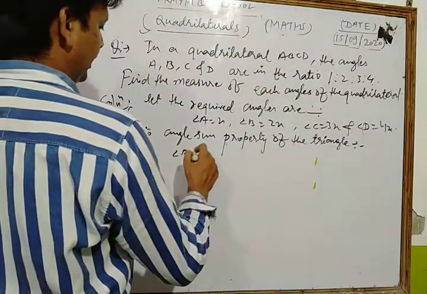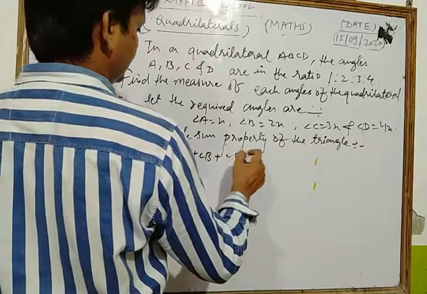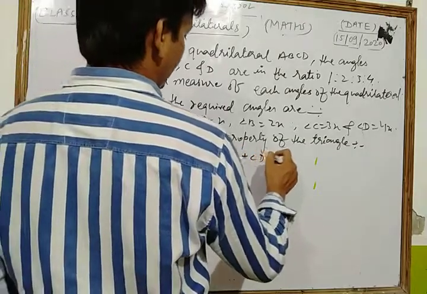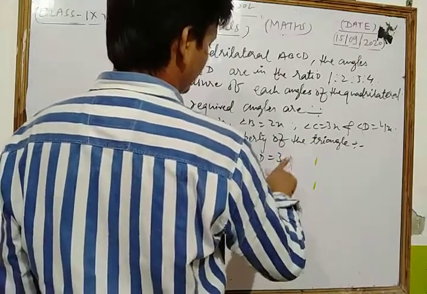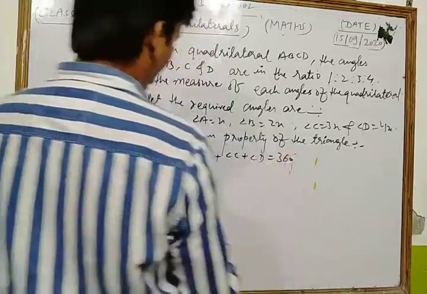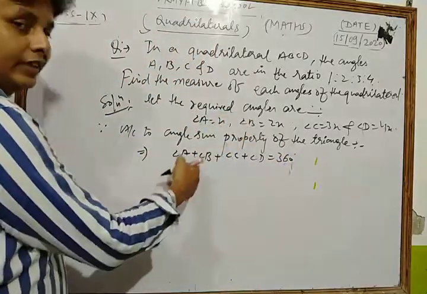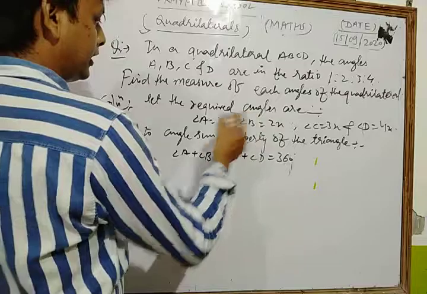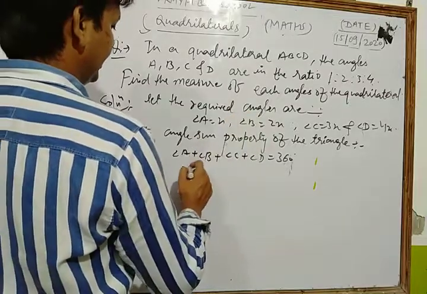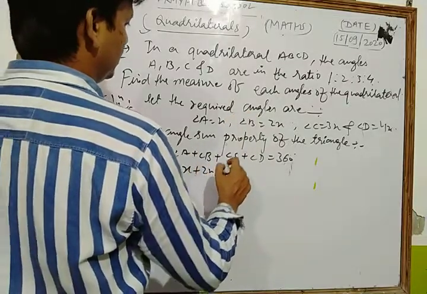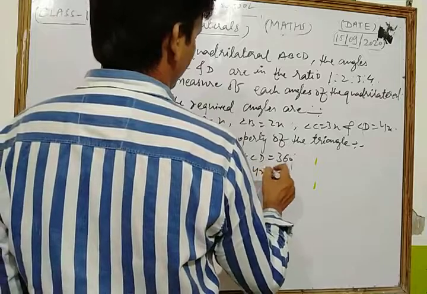Let's see. Angle A plus angle B plus angle C plus angle D is equal to 360. Now we put the value of each angle in that relation. So we have x plus 2x plus 3x plus 4x is equal to what?